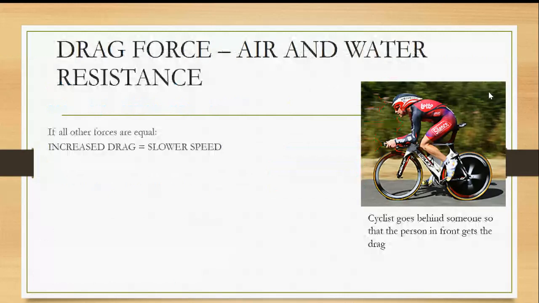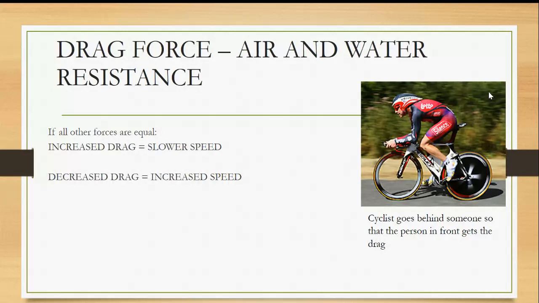So if all other forces are equal, an increased drag will mean a slower speed of the rider. Okay, a decreased amount of drag will result in an increased speed. So basically, when we're talking about drag, we're talking about air resistance. So if there is more air resistance, then you're going to go slower.